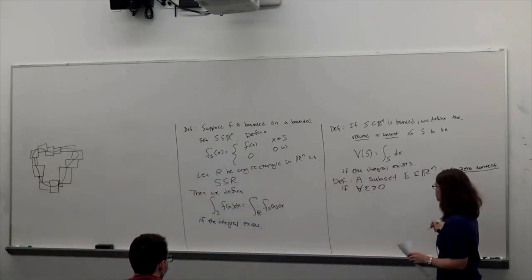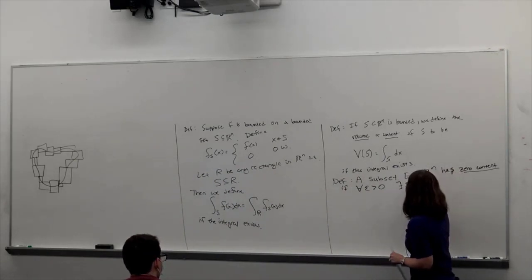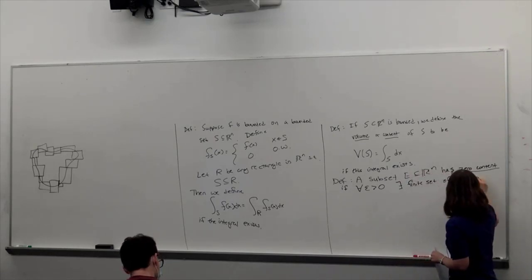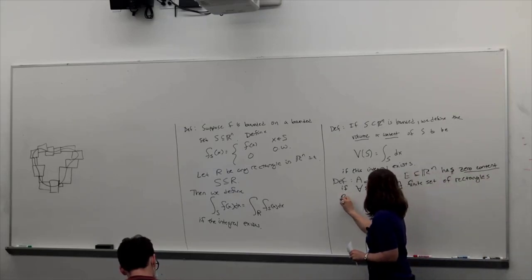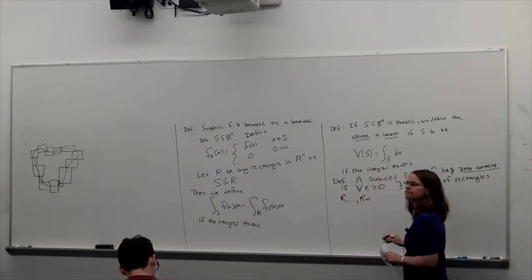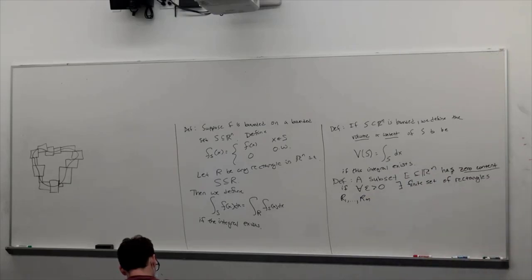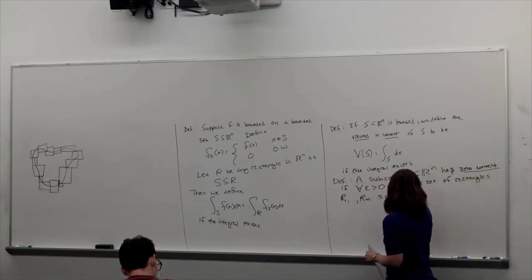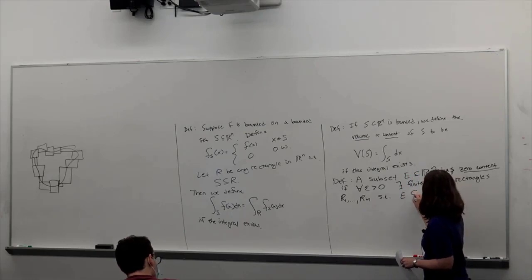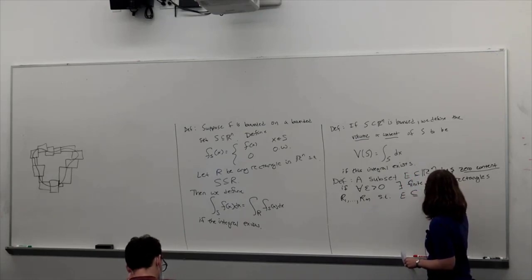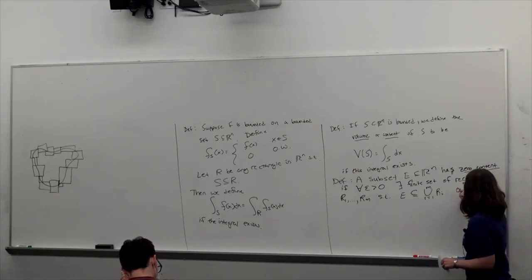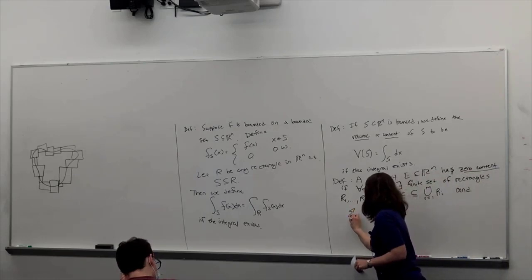So if for every epsilon greater than 0, we're going to say there exists a finite set of rectangles R1 to Rm, such that our set is contained in these, and the total volume of these rectangles is less than epsilon.